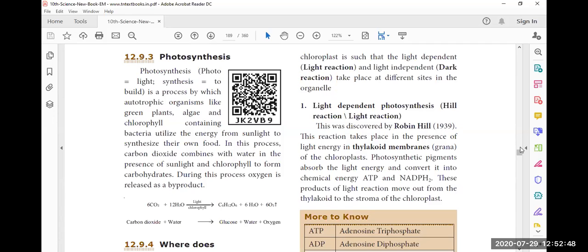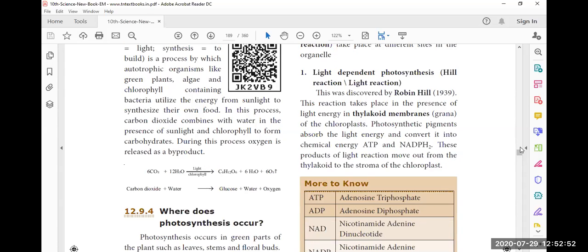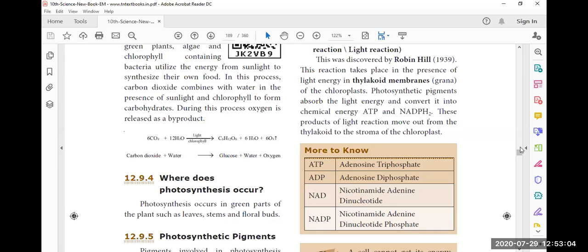In this process, the carbon dioxide is combined with water in the presence of sunlight and chlorophyll to form carbohydrate. During this process, oxygen is released as a byproduct. Here the equation is given. 6 molecules of carbon dioxide is combined with 12 molecules of water in the presence of sunlight and chlorophyll, which is present in the green plants.